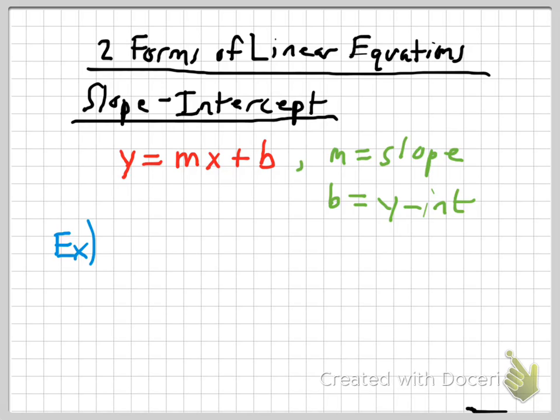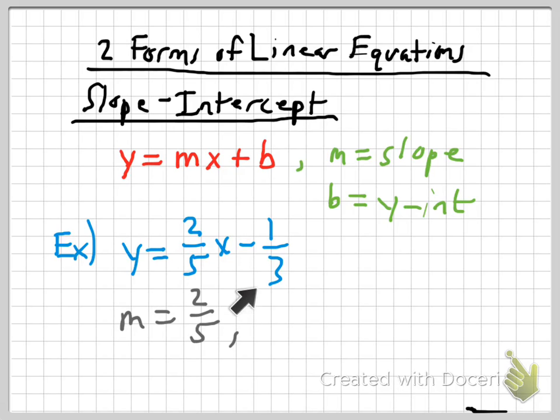So for example, let's say that the equation of a line was written as y equals 2/5 x minus 1/3. Well, the m there is 2/5. That tells you the slope of the line is 2/5. And the b is negative 1/3, which tells you the y-intercept is negative 1/3.